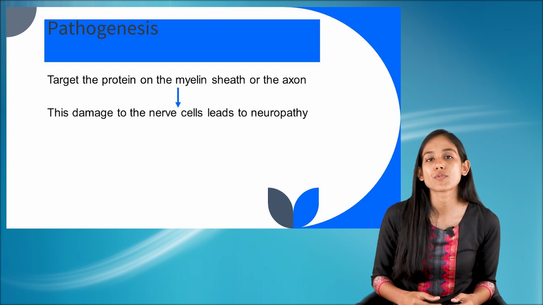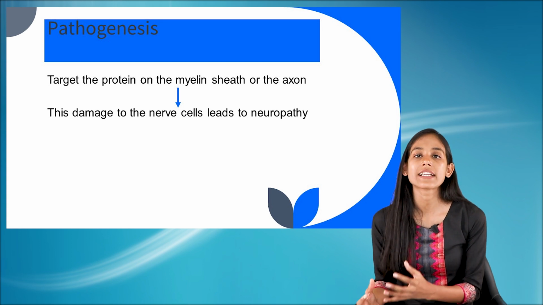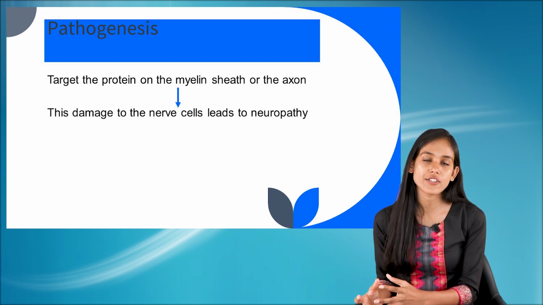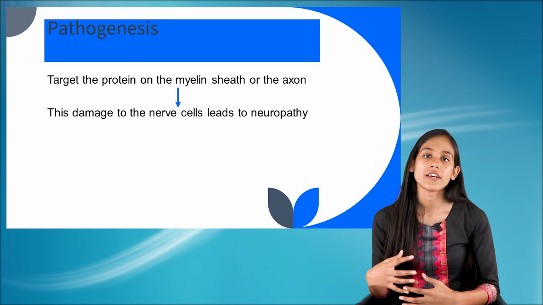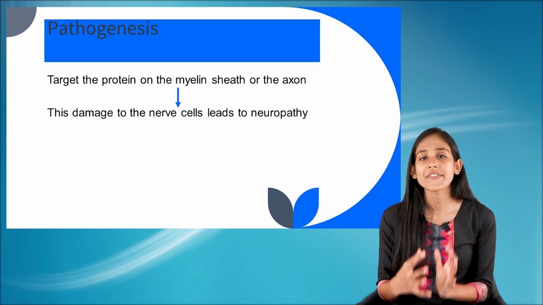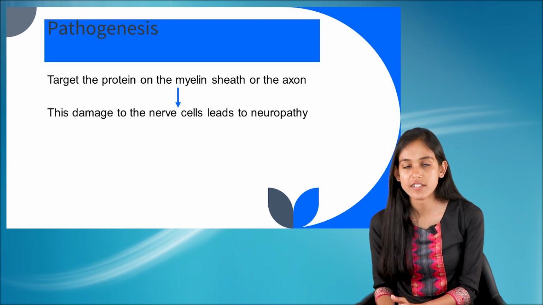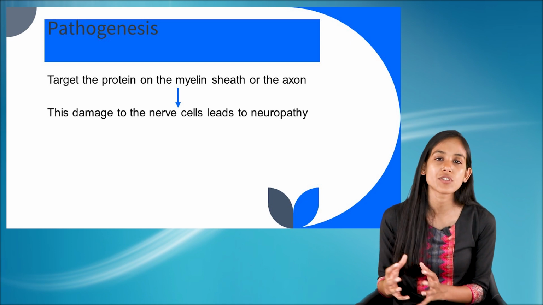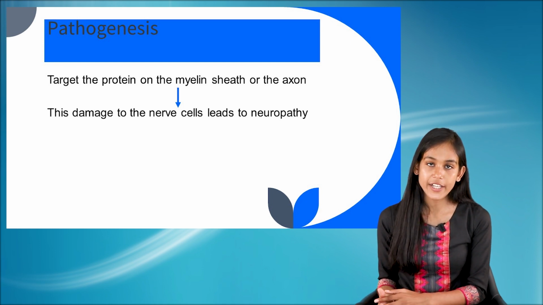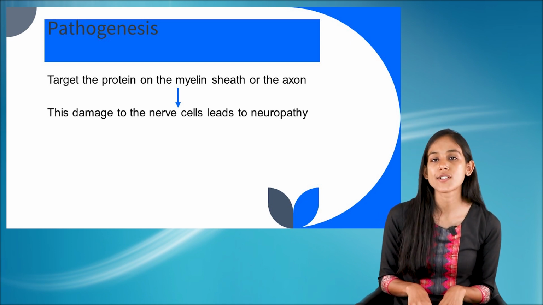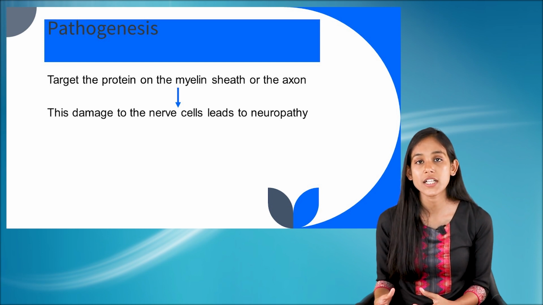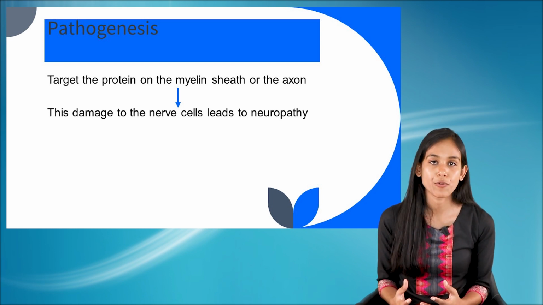These antibodies may also target the proteins on the myelin sheath or the axon. Now if the antibodies target these proteins, then what would happen? There would be damage to these nerve cells, right? So this attack leads to damage of the nerve cells, which leads to neuropathy.